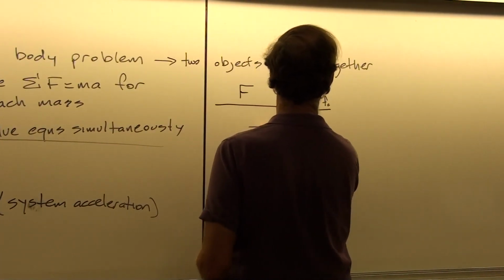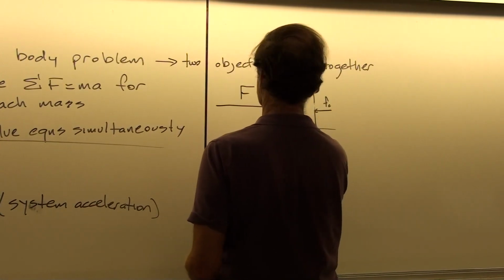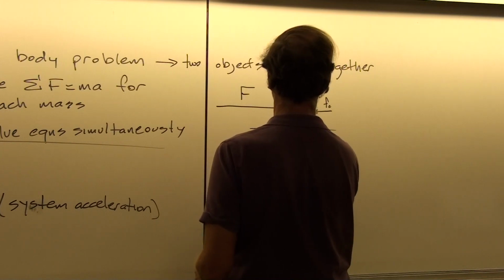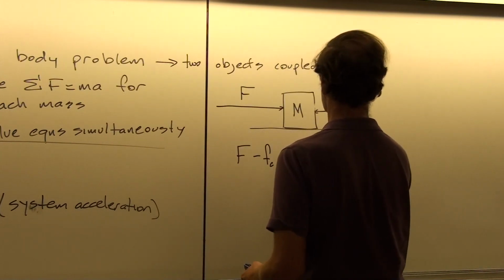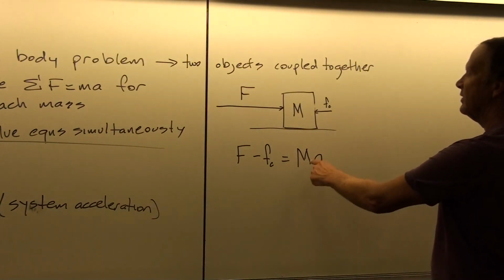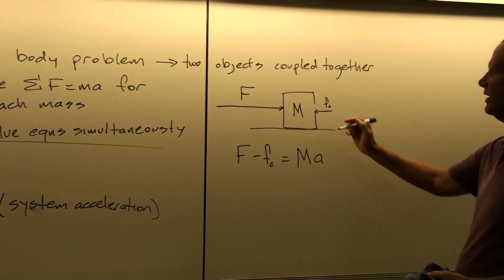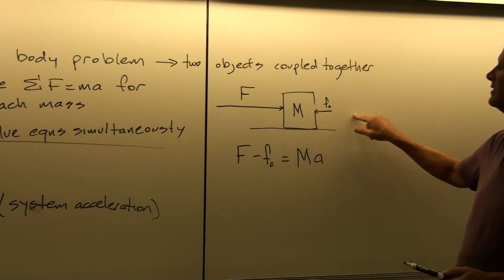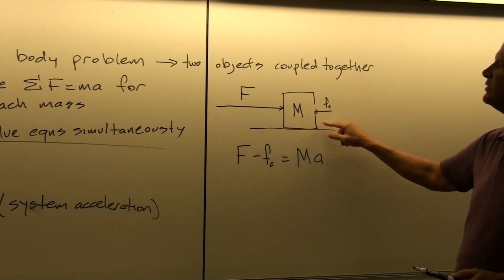Okay, so we can write here then that the sum of the x forces are big F minus F contact equals big M times A. Okay, so this is the sum of the forces acting on this mass equals that mass times the acceleration. And notice here that there's also a force of big M acting on little m, but we're not interested in that here.